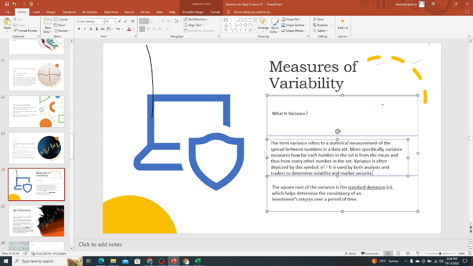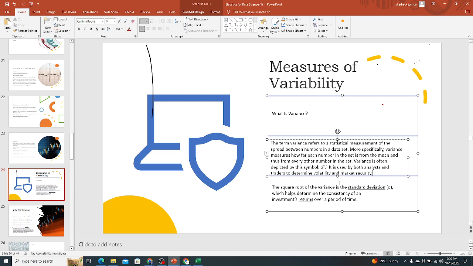If the variance is very high, then we can say the data is highly dispersed, the data points are far away from the mean.